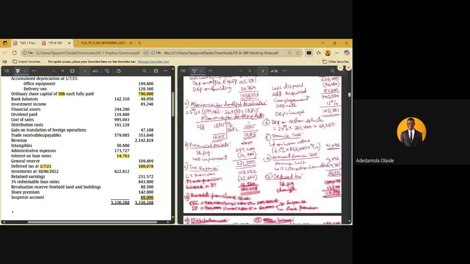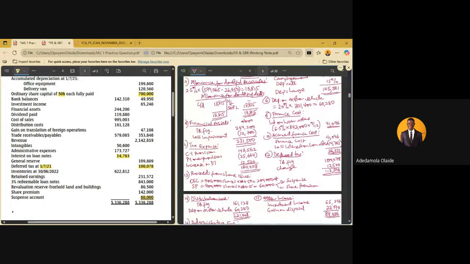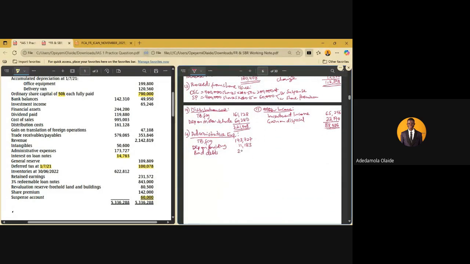We have bad debt and allowance for bad debts. The bad debt was how much? 26,450. Allowance for doubtful receivables is 13,815.